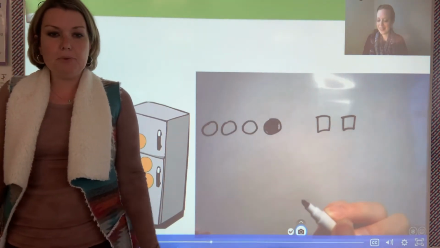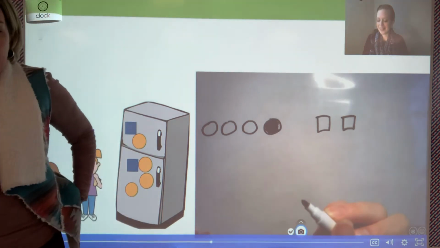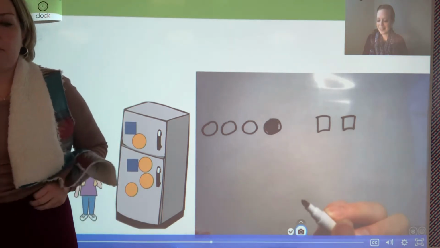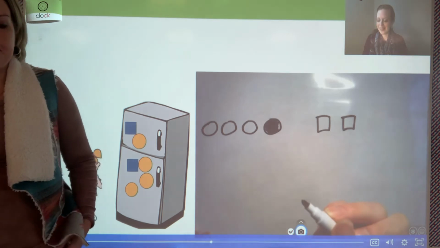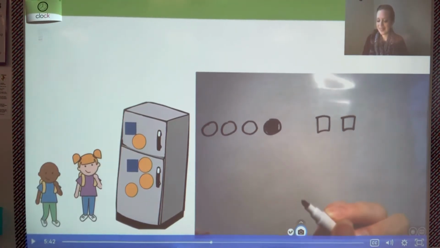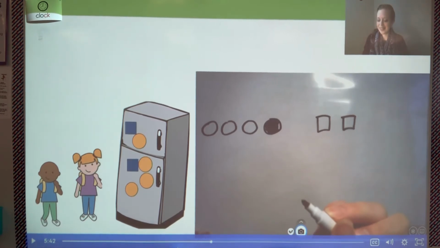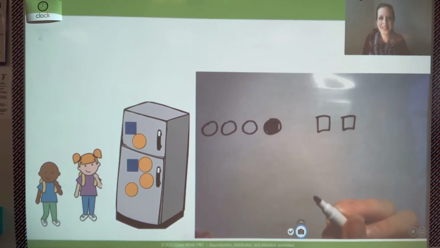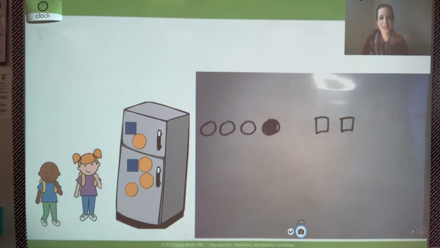I'm going to give you a minute to draw this on your whiteboard. Pause the video to copy all of the shapes onto your own board.